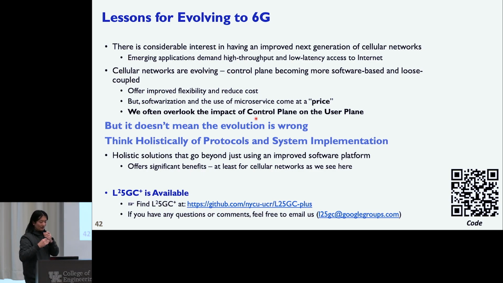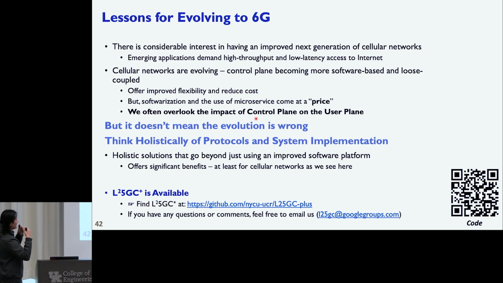But the softwarization and the adoption of microservices come at a price. And the problem is that we often overlook the penalties in the control plane and its negative impact on the user plane. But does it mean the evolution is wrong? Basically, should we jump back from softwarization and microservices?